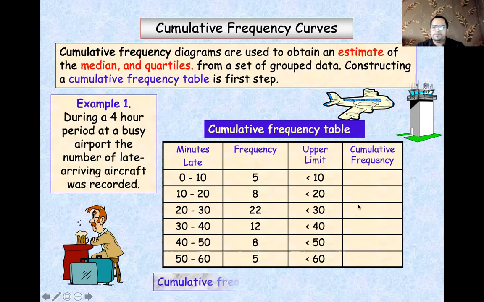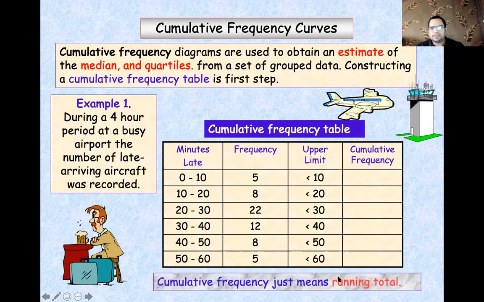So now let's say when you talk about the values, the first value is 5, then 13, then 35, 47, then you got 55, and the last value is 60. So less than 10, 5 flights came late. Less than 20, 8 plus 5, 13 flights. Less than 30, 35 flights.